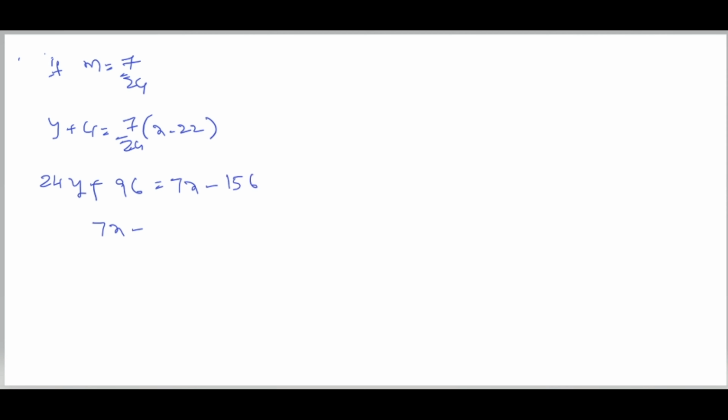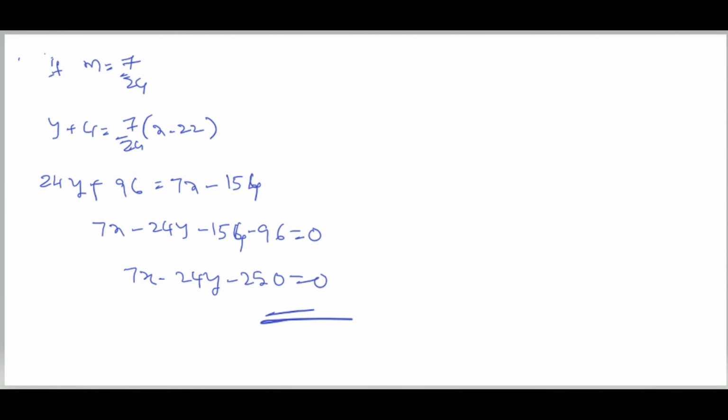Therefore 7x minus 24y minus 154 minus 96 is equal to 0. Therefore the equation of the other common tangent is 7x minus 24y minus 250 is equal to 0. This is the answer.